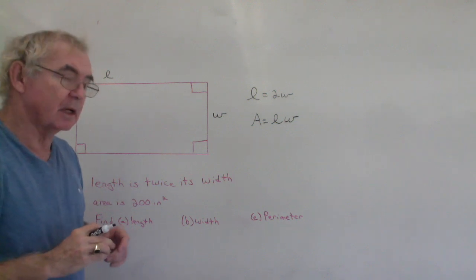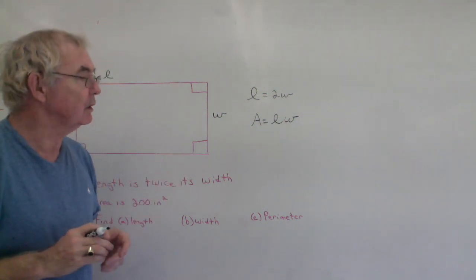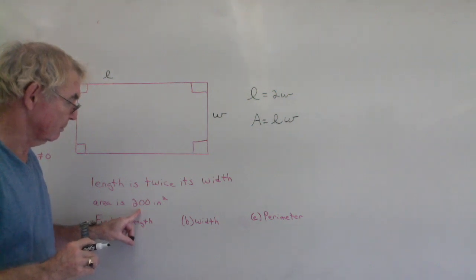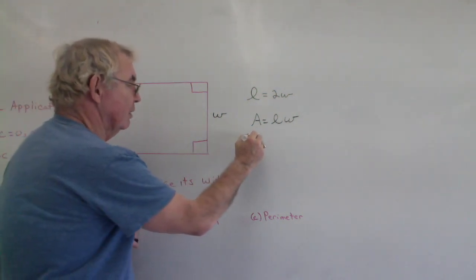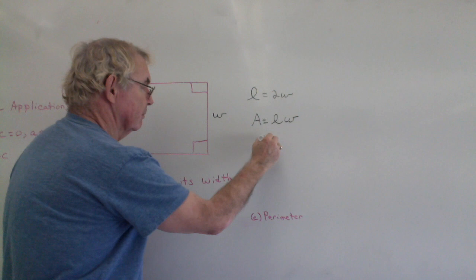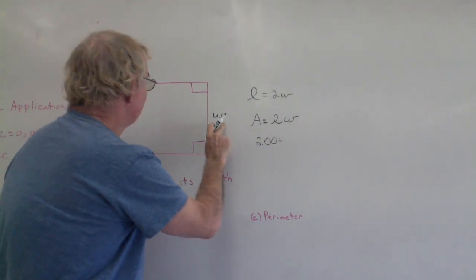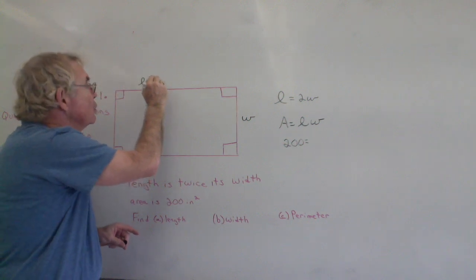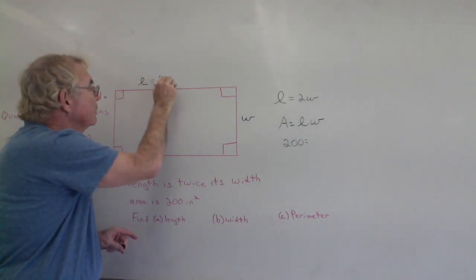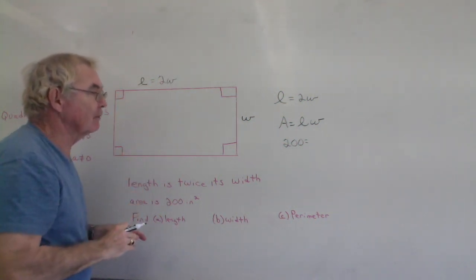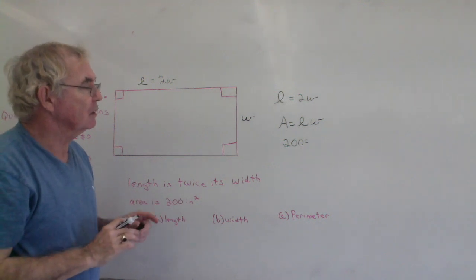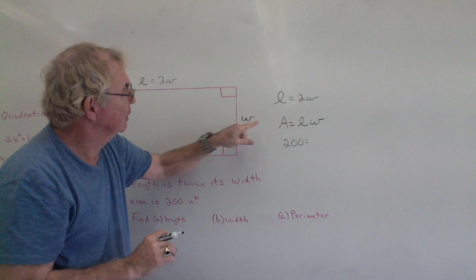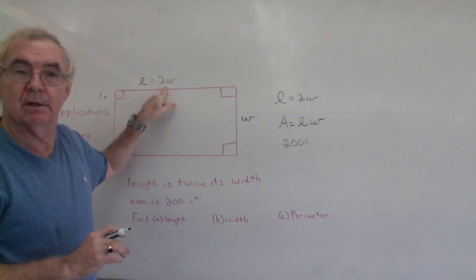To get this in terms of one variable, we know the area is 200. So we have 200. Now the length is twice the width, and that was given. So in place of L, we write 2W.